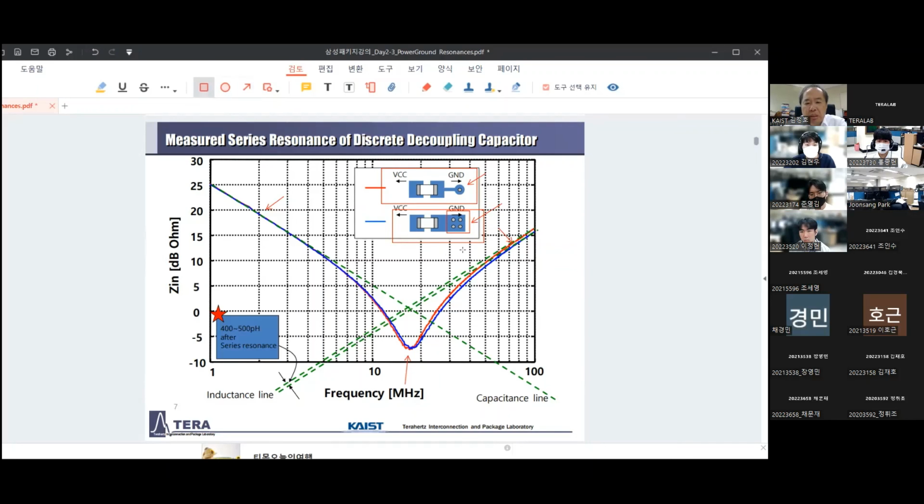You see here, there is a little bit of separation between the red line and the blue line. The red line has a little bit higher impedance and the blue line a little bit lower impedance. It's all depending on the number of vias. This tiny difference of design will give you different impedance and resonance frequencies, and the performance of your system will be different.